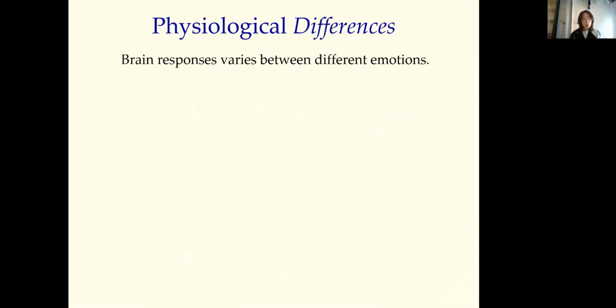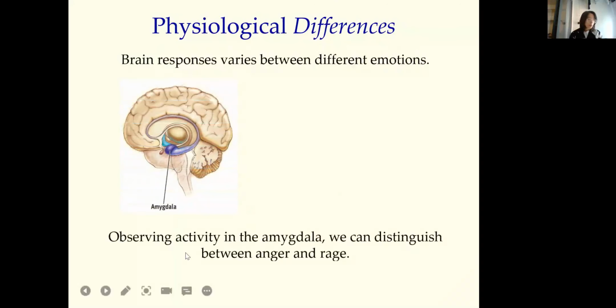However, there are physiological differences between emotions, like brain responses. Not only brain responses, but also finger temperature and movement of facial muscles change during fear, rage, and joy. By observing activity in the amygdala, we can distinguish between anger and rage.